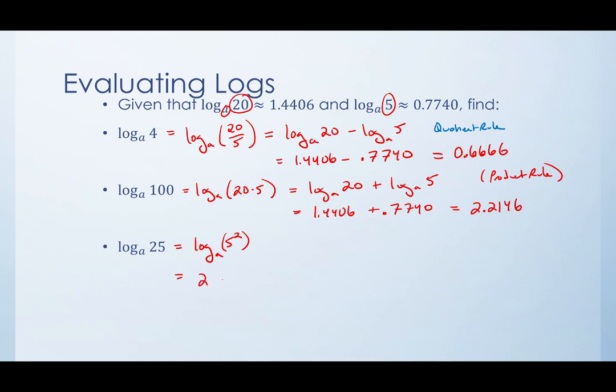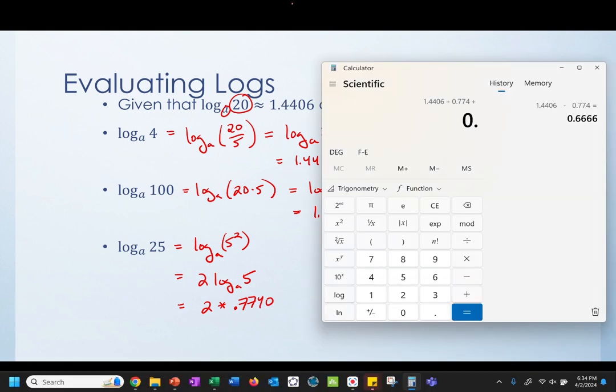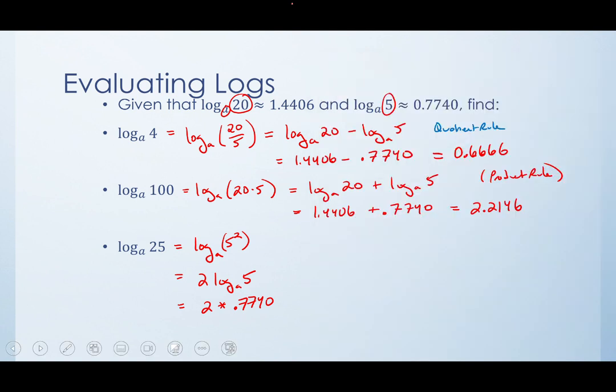And I can use the power rule and say, well, that's 2 times log base A of 5. So that'll be 2 times 0.7740, and I don't trust my mental math, so we'll just multiply those. Let's start over. 0.774 times 2, 1.548.